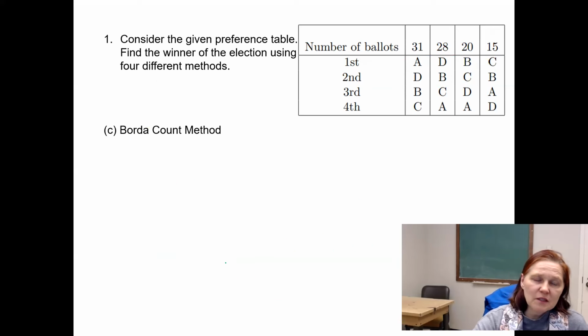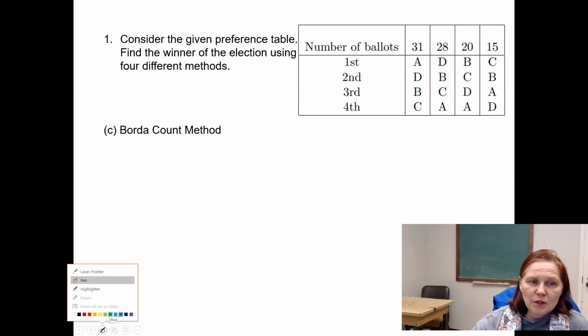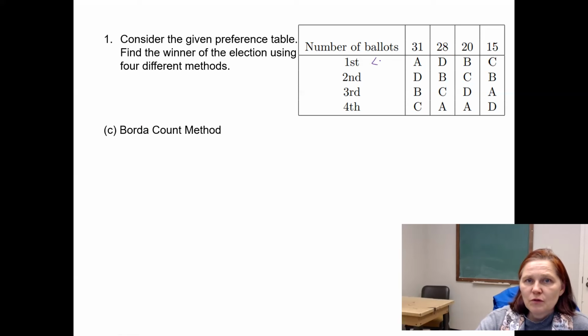The next method that we consider is Borda count method. We assign points: 4 for the first place, 3 for the second, 2 for the third, and 1 point for the fourth. So A has 31 first places, so it has 31 times 4 points.